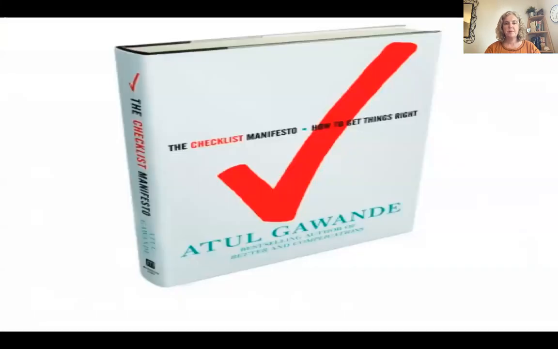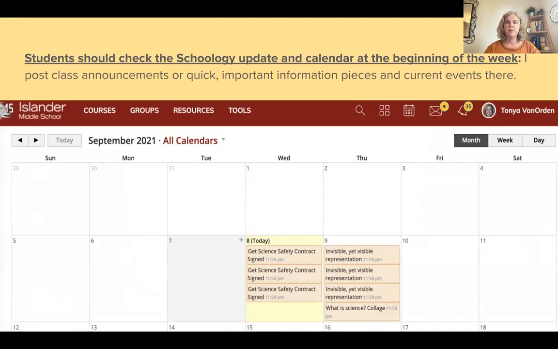I am also a huge fan of Atul Gawande's work and taking control of our time management and pre-planning, both just the to-do list, like might show up on a calendar, but also pre-planning the action steps, like asking questions and time to communicate with the teacher. Schoology is the best tool for doing that.